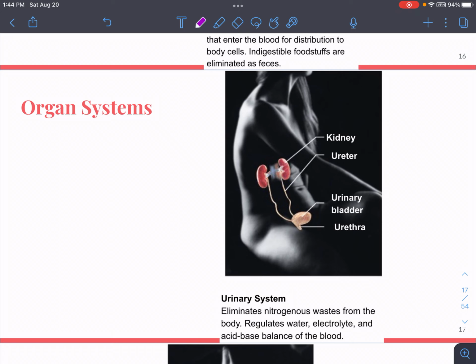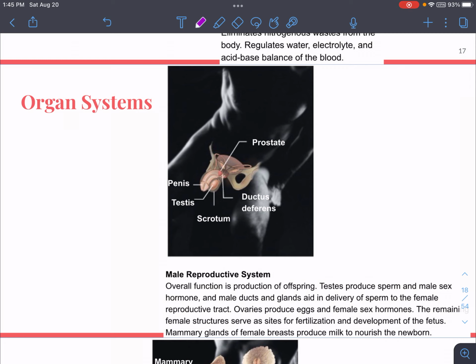Our male reproductive system. We'll learn how the male reproductive system works and how it aids in the delivery of sperm to females through the reproductive tract. We will also learn the female reproductive system and how the ovaries produce eggs.